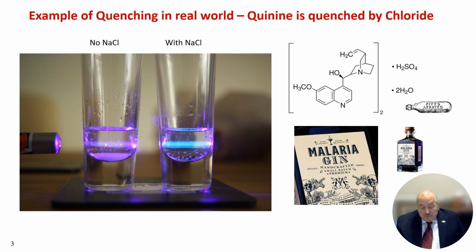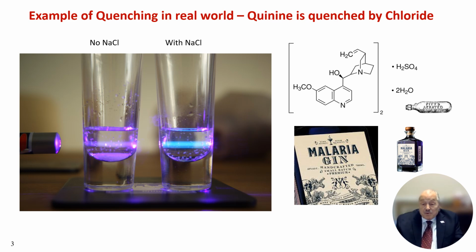Obviously a modern experiment, because some years ago this would have taken a very expensive laser to do. And in this solution there is no added sodium chloride, which happens to be a quencher of quinine, and here we have some sodium chloride added to it, and the sample is quenched.